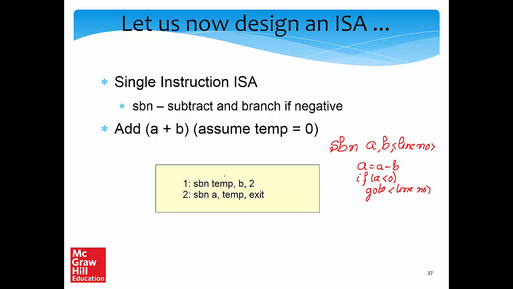In this case, if we assume temp is 0, what we are essentially computing is temp = 0 - b.